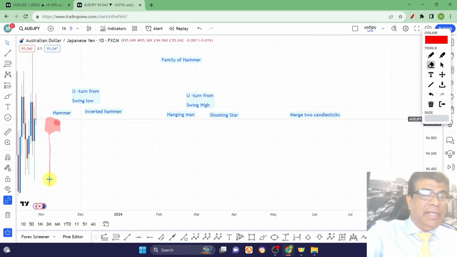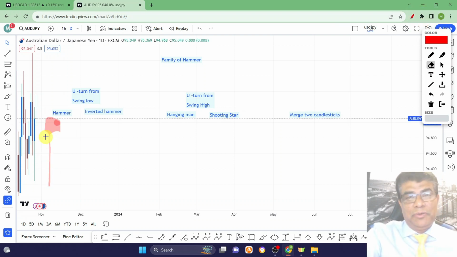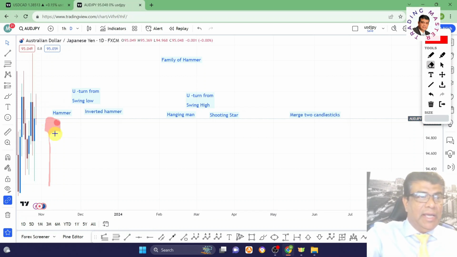Okay, the body has to be at least 33% of the candle, if this is a hammer candlestick, which I will show you on the chart, you'll see it better. But here I'm just drawing, and as you can see, my drawing is terrible. But anyway, the hammer candlestick is basically a 1/3 body.